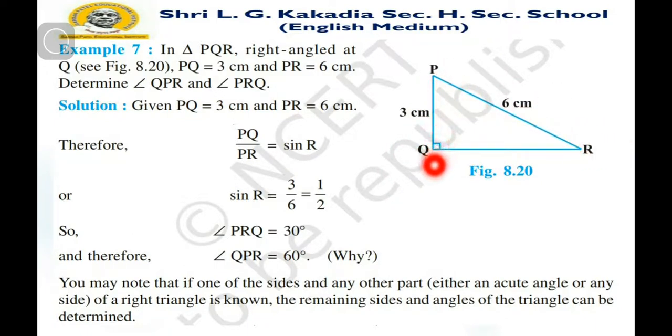We know that Q is 90, then P and R are acute angles, which means their sum will be 90. If we find one of them, then we can find the other one.